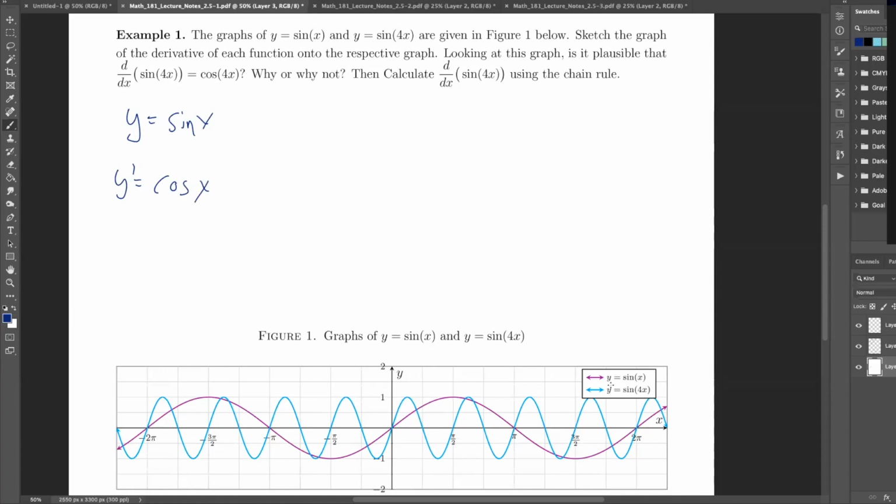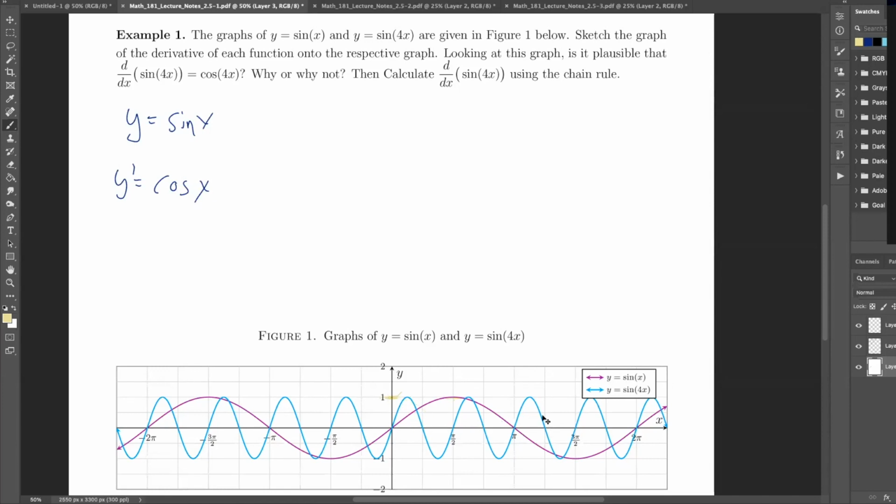Looking at it here, y is sine of x, and my rate of growth right here is 1. Let's do this in yellow. Here my rate is 1, and then here I've leveled off, and so my derivative goes to 0.